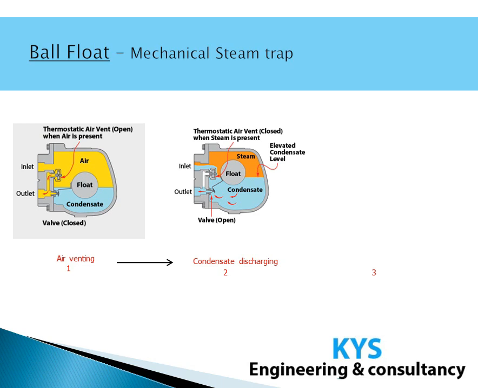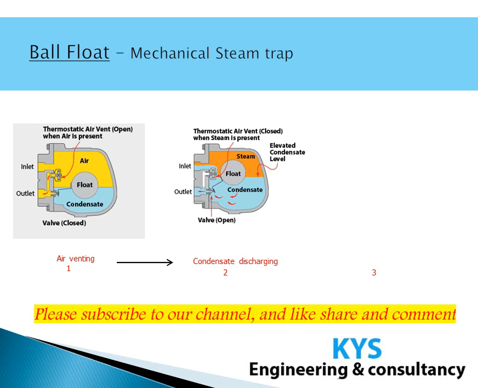As soon as condensate reaches the saturation temperature, that is, hot condensate comes in, the thermostatic vent valve is closed and now the condensate is discharging only through the main valve. The opening degree of the valve is regulated by the condensate level in the trap body.